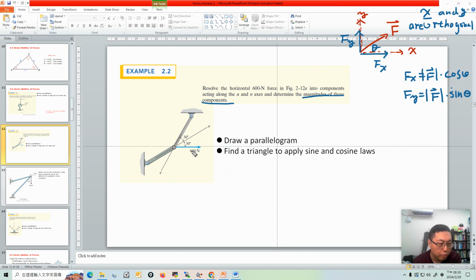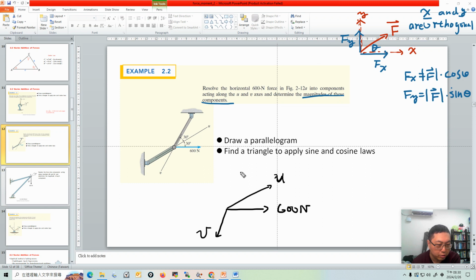For this problem, we just draw a simplified figure. Suppose this is a force vector of 600 Newton, and we want to decompose it into the u direction and v direction.